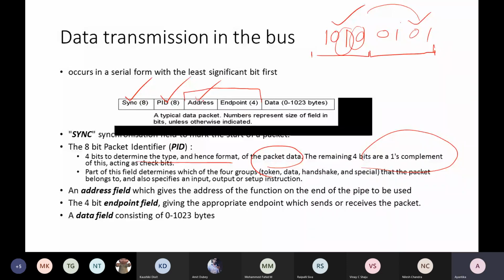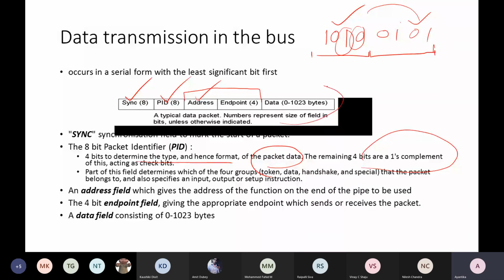Together, this whole field describes what my destination is, or what my source is from which data will come, or what my destination endpoint buffer is.